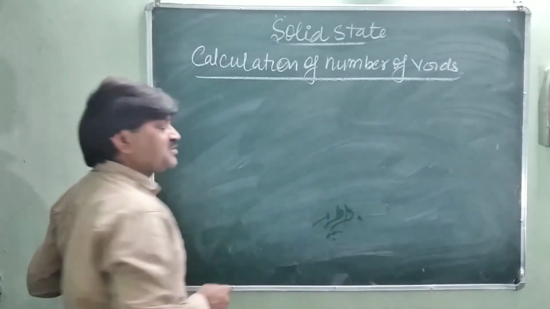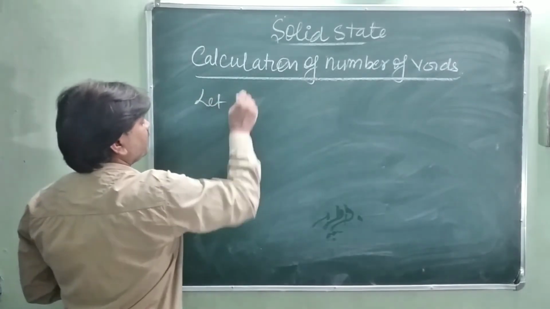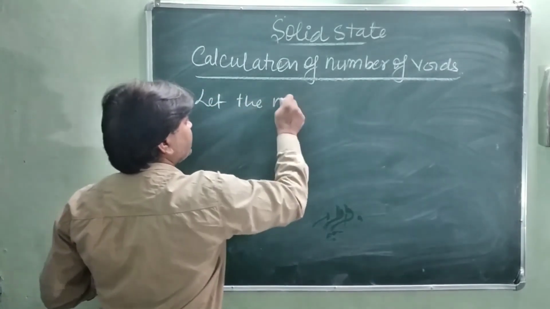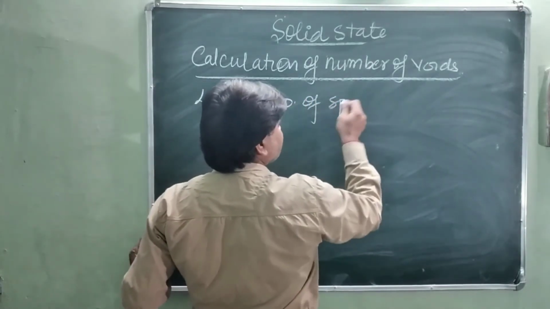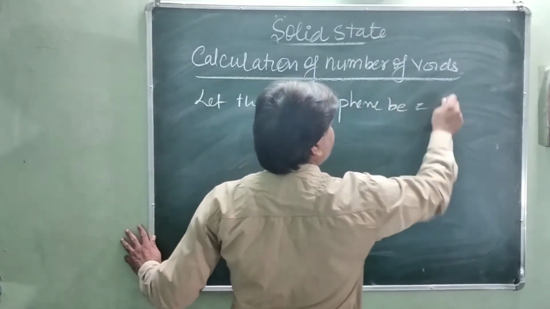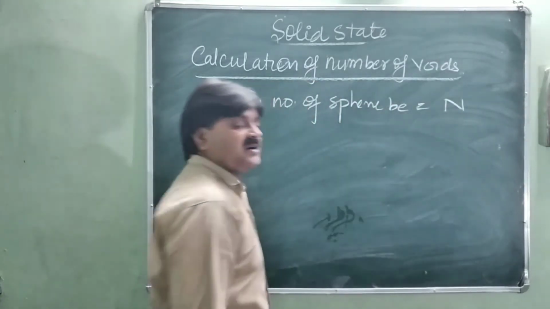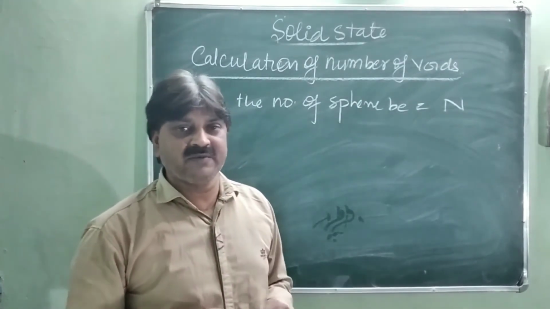Let the number of spheres in the crystal be N. Let the number of spheres or atoms, you can say atoms are shown just like spheres, the total number of spheres or atoms in the crystal is N. N may be whatever.